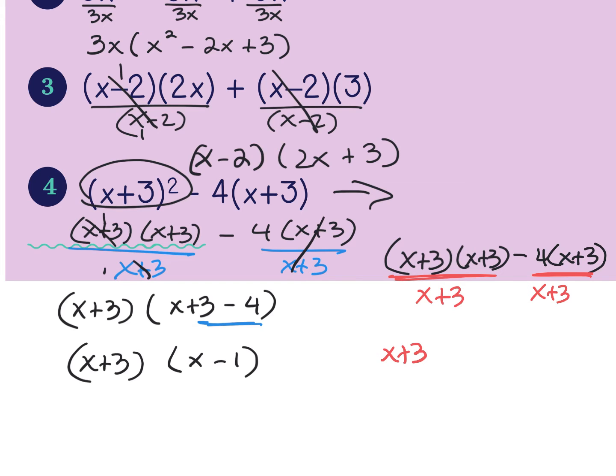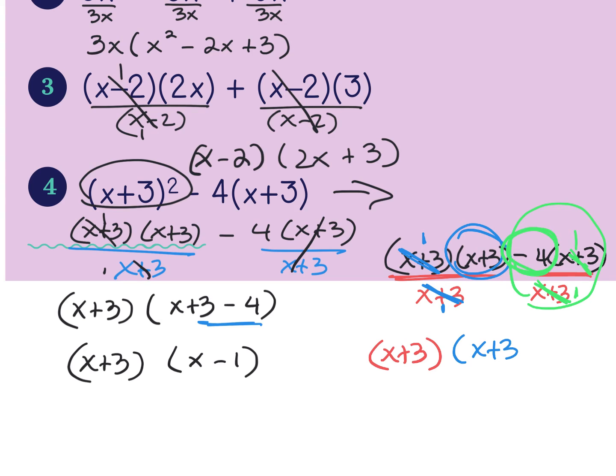And remember, what we did up top there was we were dividing all of the terms by that GCF. So when I divide my first term, this divided by this is just 1. So then I'm left on this term with just the x plus 3. Then over here, when I divide this term, the x plus 3's cancel, and then I'm just left with the negative 4.